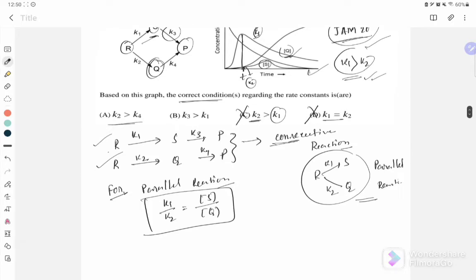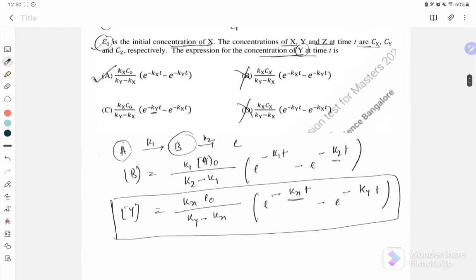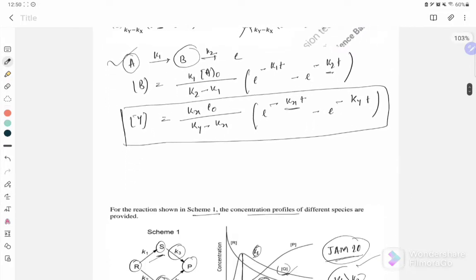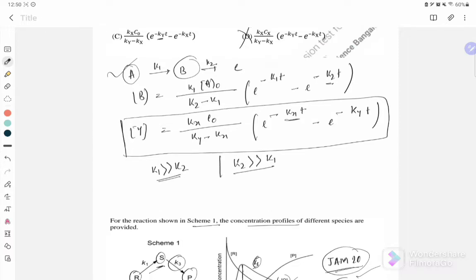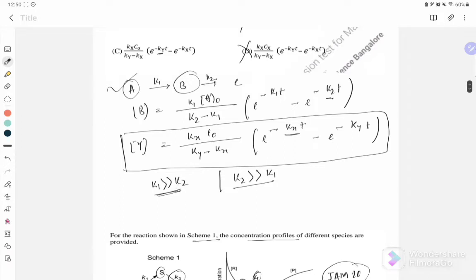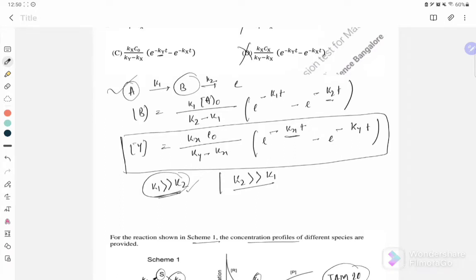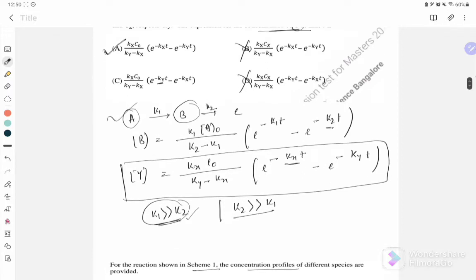For the consecutive reaction which we read here, where B max means, from this question we can tell that one condition is K1 greater than K2, and another condition is when K2 is greater than K1. If K1 is much bigger than K2, that means B will be produced in the reaction, and it will decay. The decay rate constant is very much less.